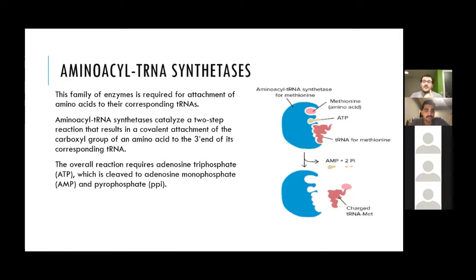What's responsible for this binding is the amino acid tRNA synthetases. On the slide, you find the details of how they're connected, the 3' end of the tRNA with the carboxyl group of the amino acid. The reaction uses ATP for energy.